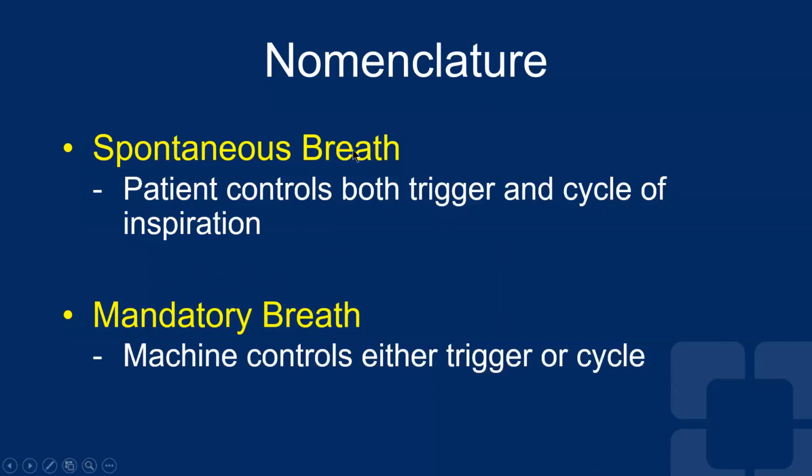And the other part that we describe in patient-ventilator interactions is the effort, meaning the amount of support or pressure that the ventilator delivers compared to the amount of effort that the patient generates. So it's the relationship between the pressure from the ventilator and the pressure of the muscle.